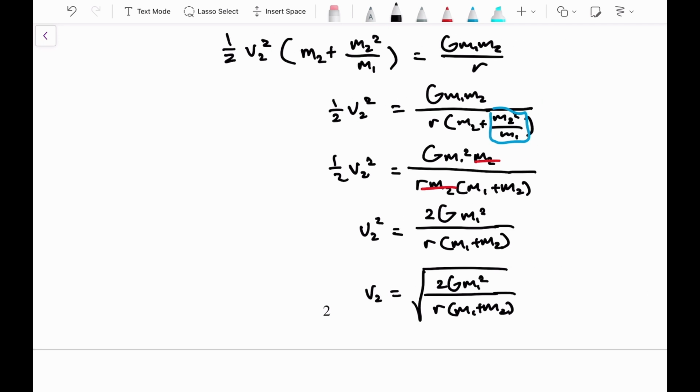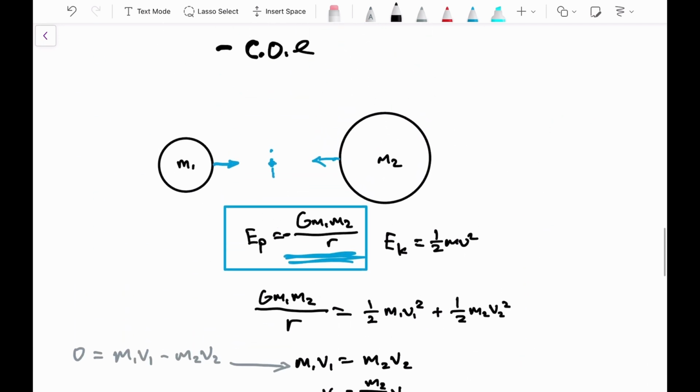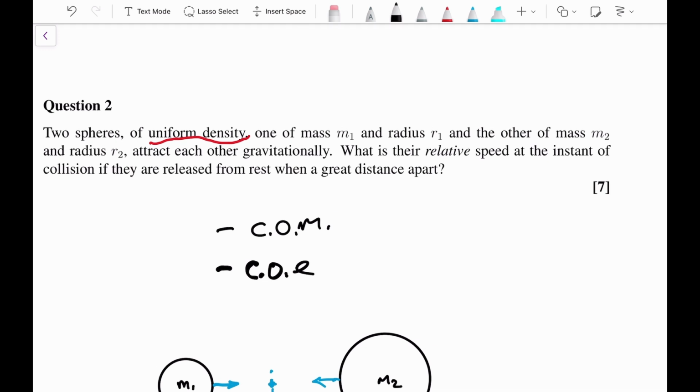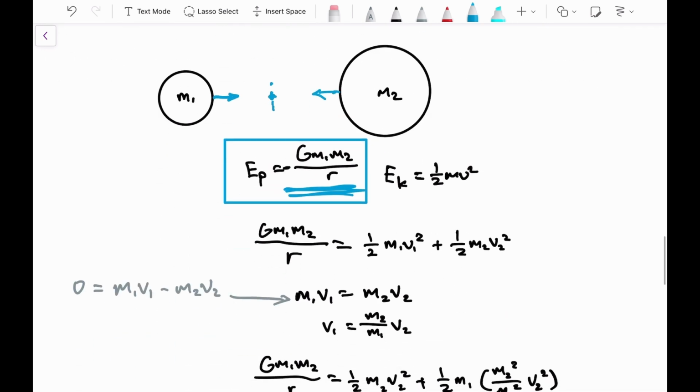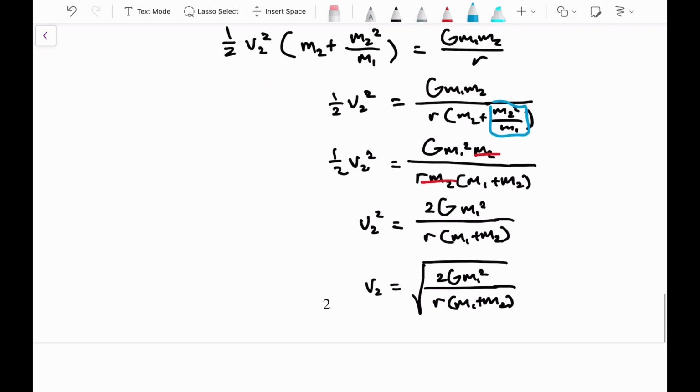However, the question wants us to find their relative speed. And so what we need to do is subtract v1 from v2 or vice versa.